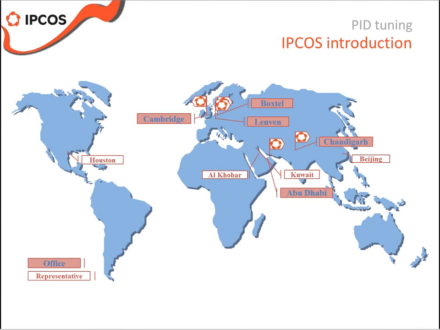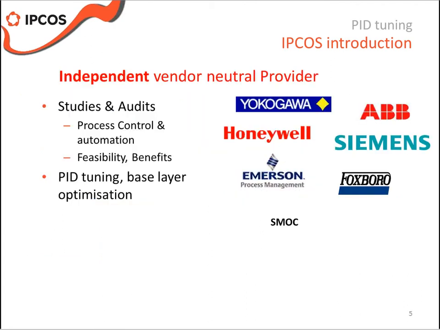Now, what kinds of services do we provide? We are an independent, vendor-neutral provider of services. We do studies and audits. We provide PID tuning, base layer optimization. You see the various DCSs that we can work on, or we have experience working on.